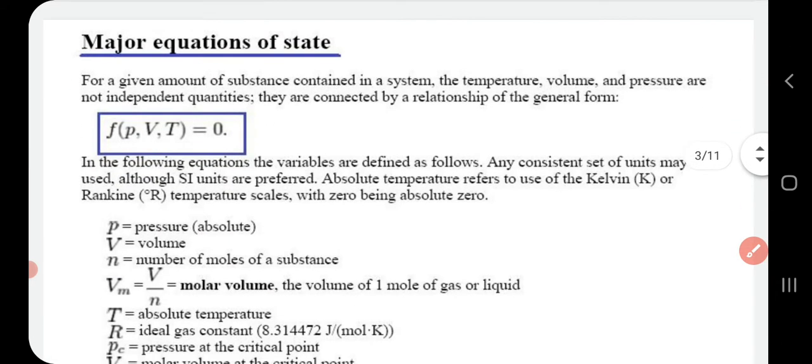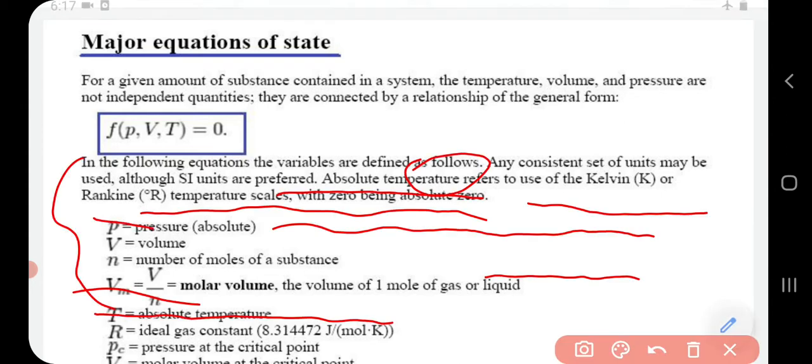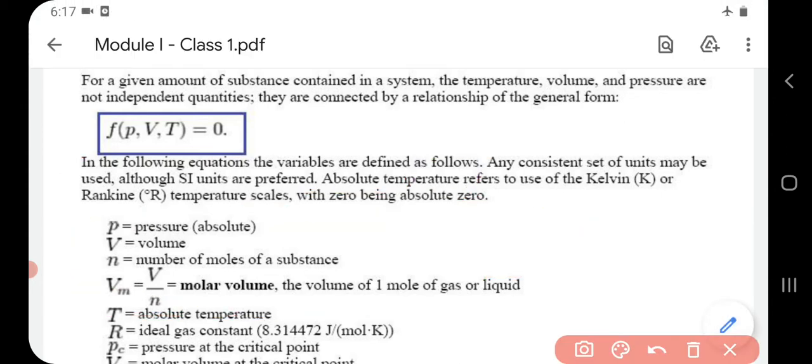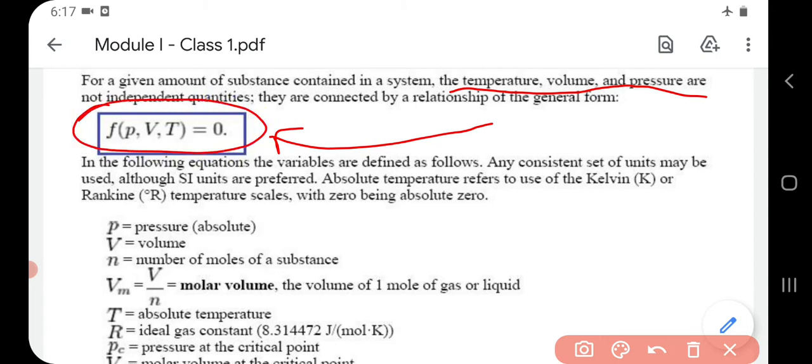Now let us see some of the major equations of state. The parameters or state variables like temperature, volume, pressure, etc. are not independent quantities. Instead, they are related by a general form, that is, function of P, V, T equal to 0. P is the absolute pressure, V is the volume, T is the absolute temperature.